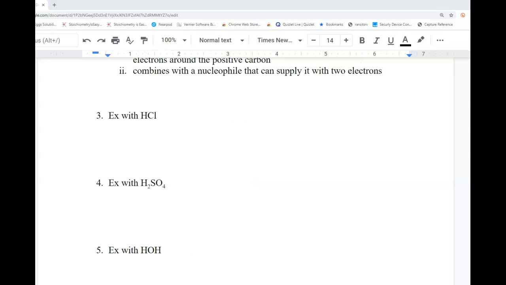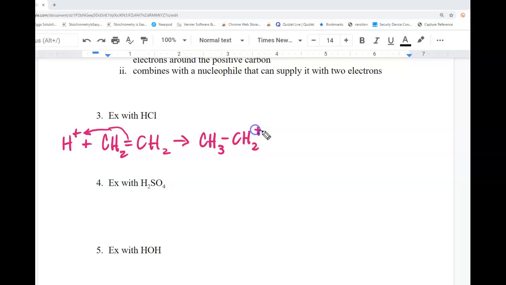So we're going to have the ethene start by being attacked by the electrophile, the hydrogen. These two electrons are going to go to the hydrogen. What we're going to form first is the carbocation, and then that carbocation is going to react with the nucleophile part of things, in this case the chloride ion.